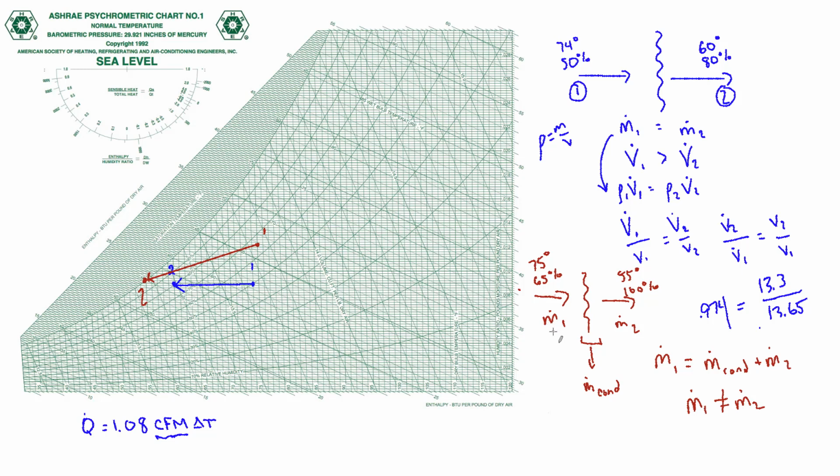The only exception to that is if you're analyzing something that happens after the coil. Let's say your problem statement tells you the volume flow rate of supply air leaving an air handler. Maybe it's 10,000 CFM, leaving the air handler and going into the room, and then you're dealing with the heat load in the room and trying to figure out what the delta T is, or something like that.